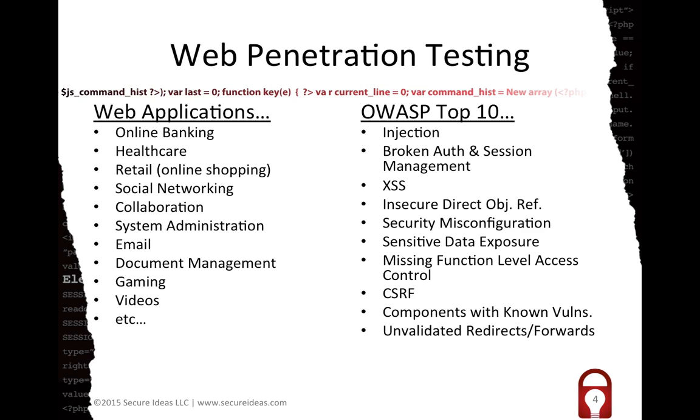Among the types of things we're going to find inside of web applications, probably one of the most well-known lists is the OWASP Top 10, summarized on the right-hand side here. The OWASP project updates this list every few years with basically the most prominent and highest risk web-based vulnerabilities.